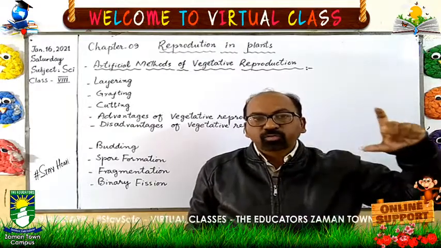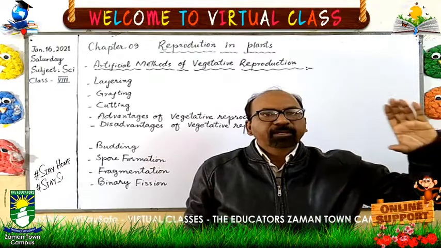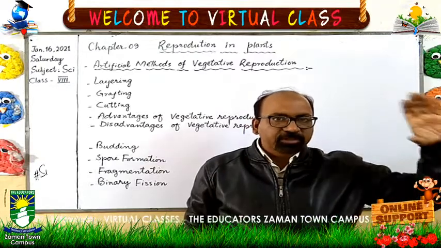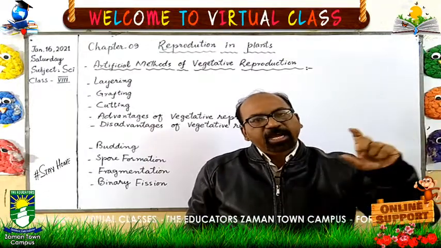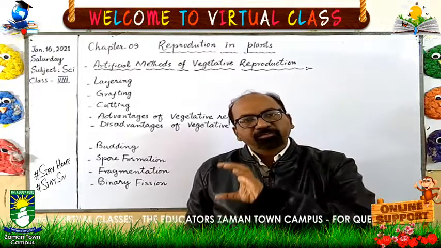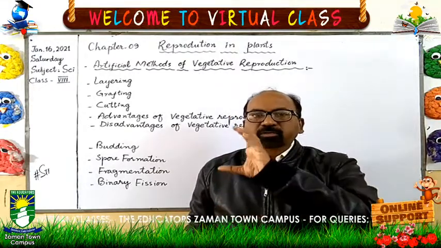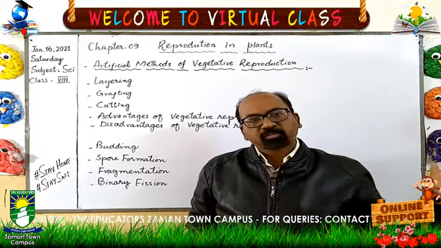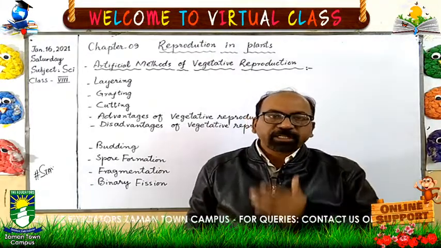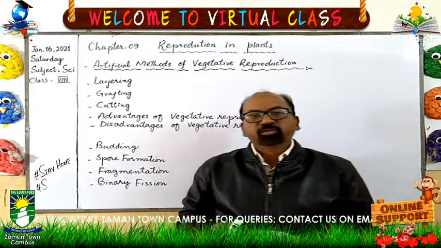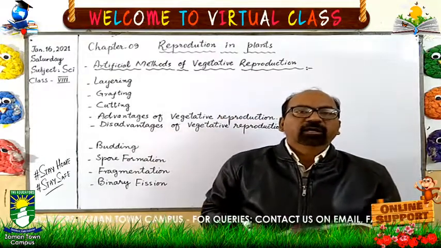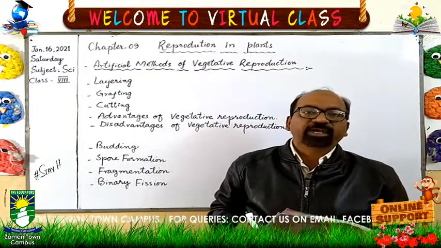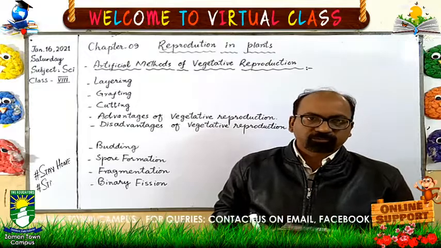Then we will take the branch of the good mango and place it on the mango which is not producing the good variety, so we can get the good variety from both plants. In this way, this method is used to get the desired varieties of fruits.